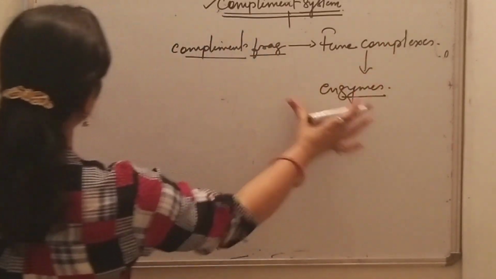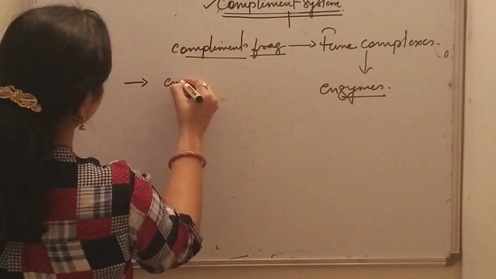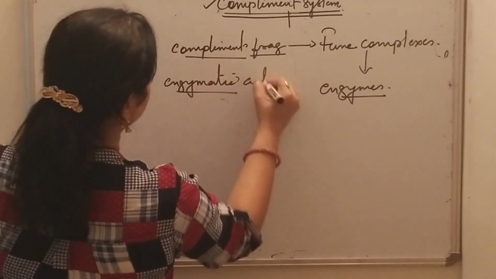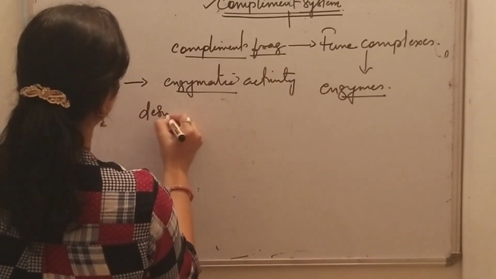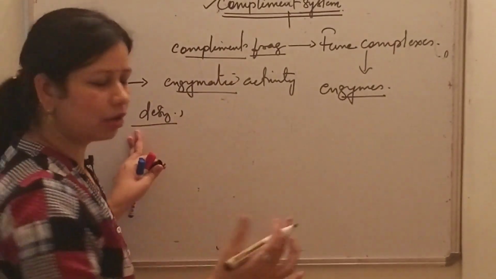Now, how are the complexes having enzymatic activity designated? They are written with a bar over the number or symbol.